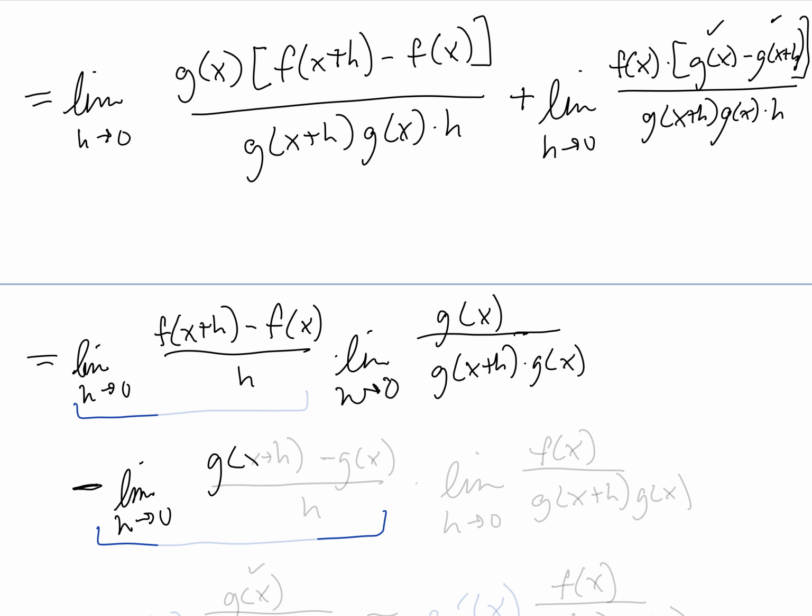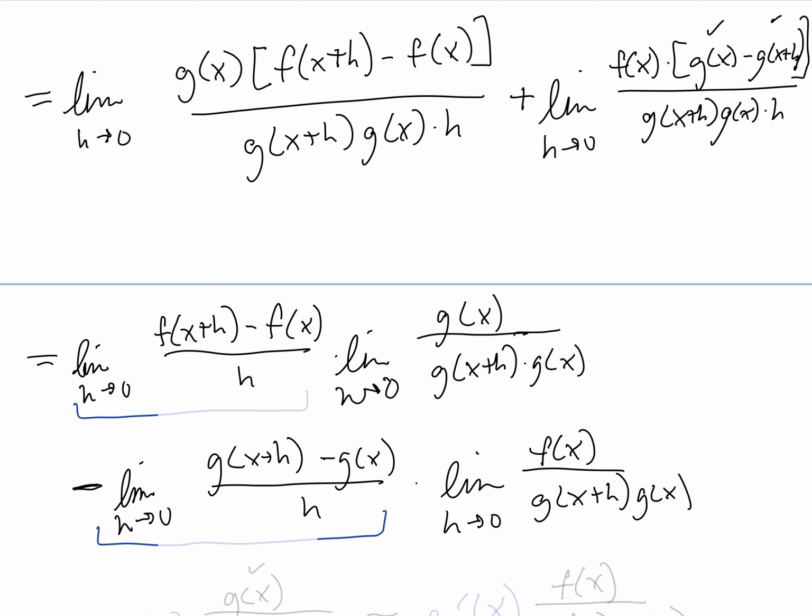So g of x plus h minus g of x divided by h times the limit as h goes to 0 of everything that we've got aside from that. We've still got an f of x left over and a g of x plus h, g of x left over. Okay, so I have just rewritten that into pieces.